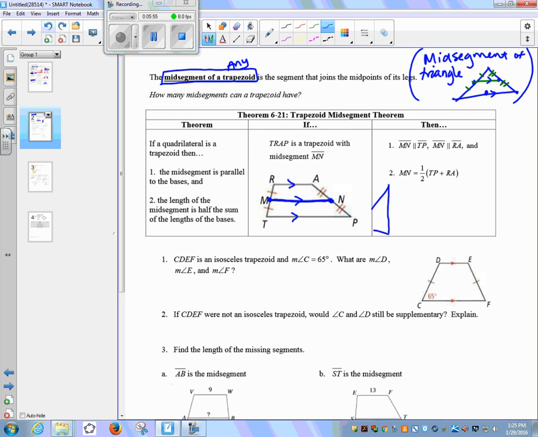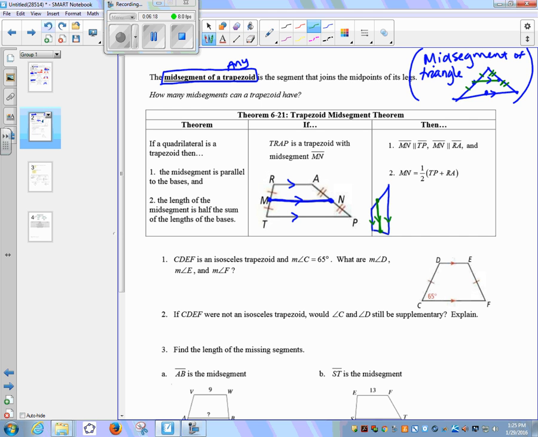But you still, by midsegment, you want to connect the midpoints of the two legs. Those are the two non-parallel sides. And it will give you a midsegment that's parallel to the two bases, in other words, the parallel sides of the trapezoid.